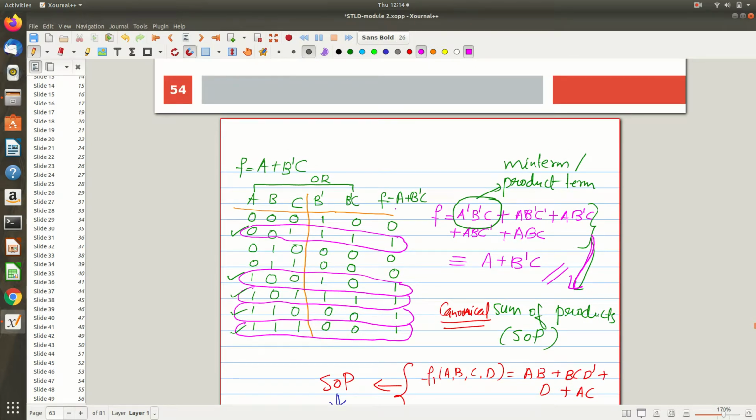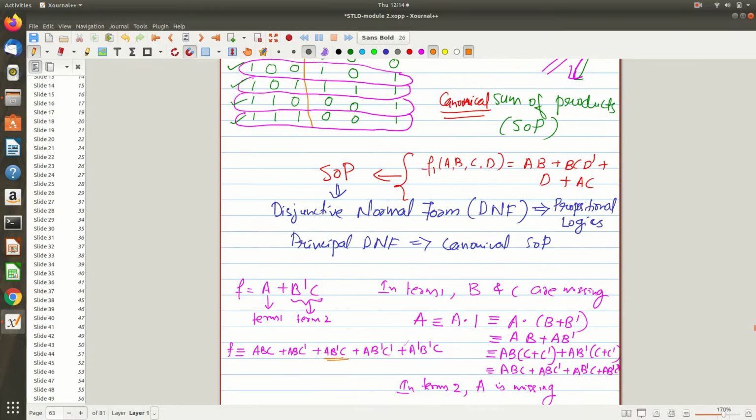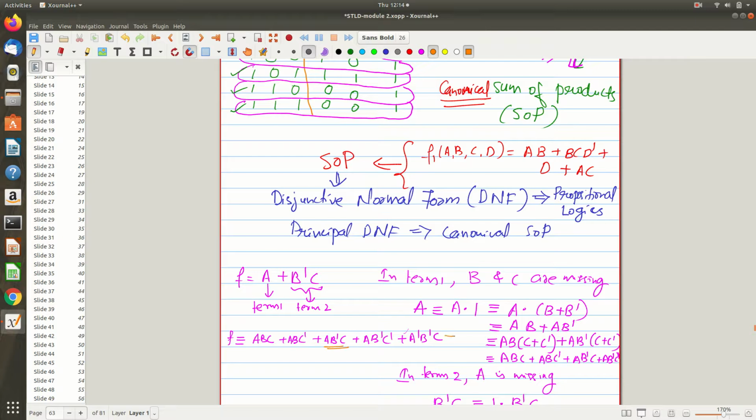You can cross check whether this F, that is this particular expression, is equivalent to this one or not, that you can verify. All these terms you can see there also, right?